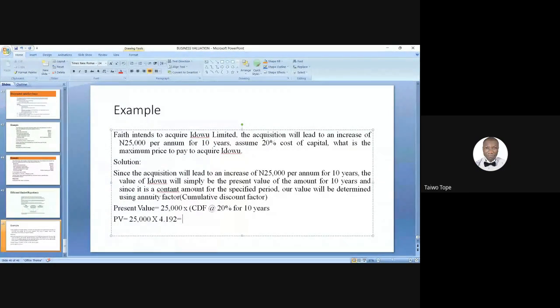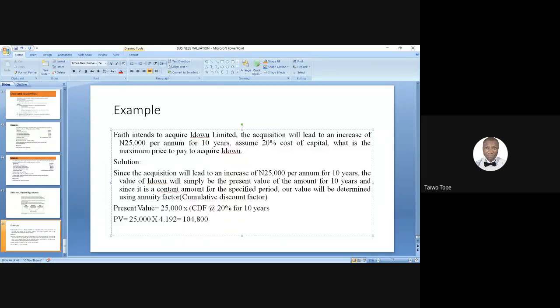The result will be what here? 104,800. 104,800. Correct. 104,800. So that is it.